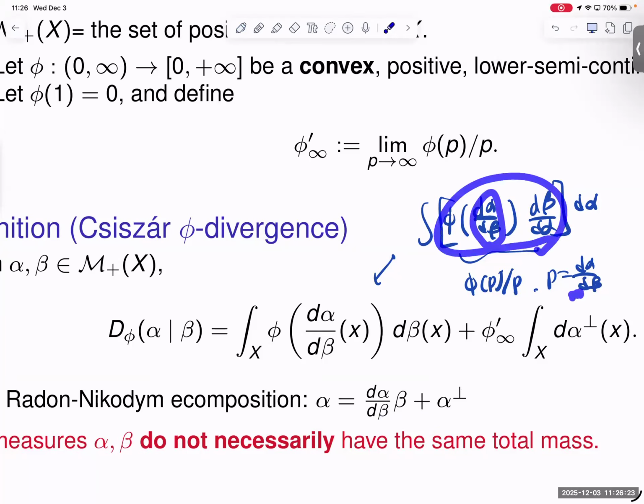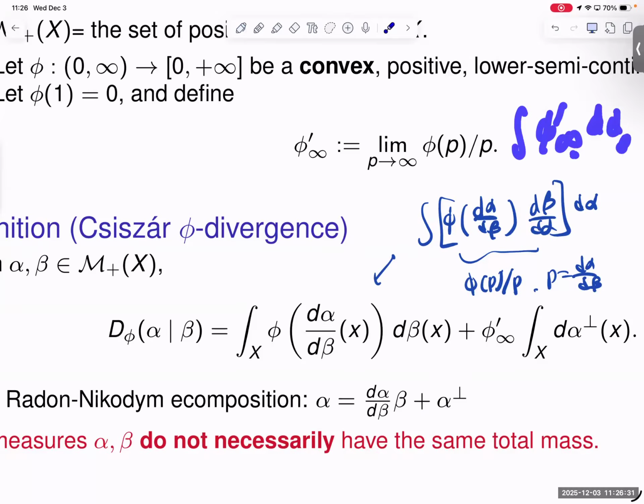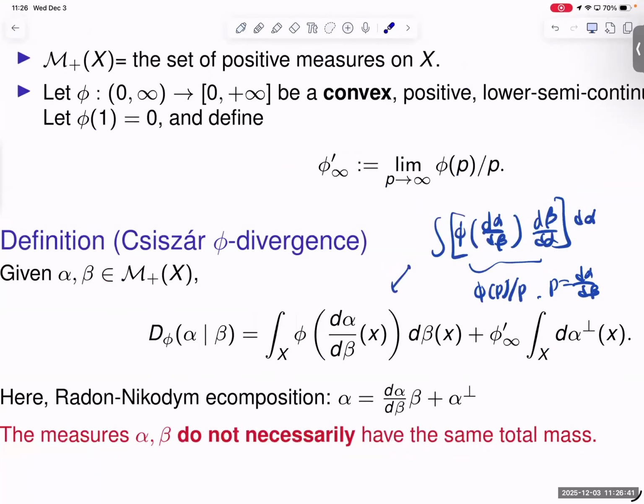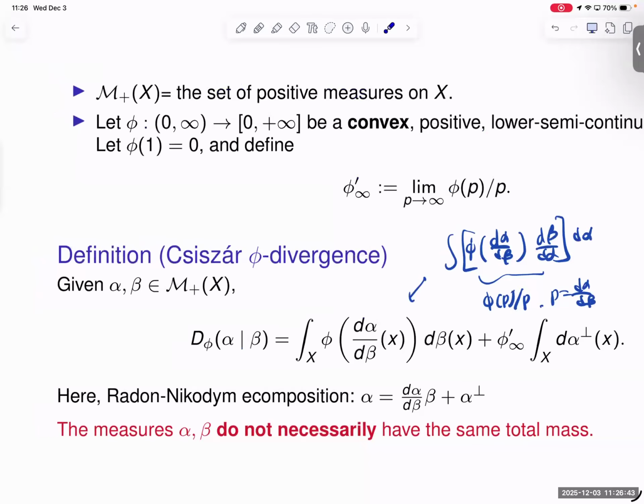So this whole thing will converge to this. So you have the integral of phi prime infinity d alpha, but on the singular set. So then this is constant. That's why you have this. Get it? Yeah. Okay, thanks.